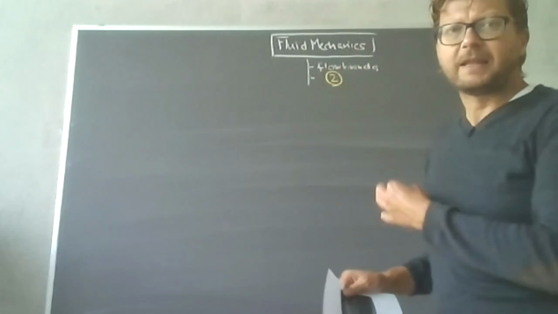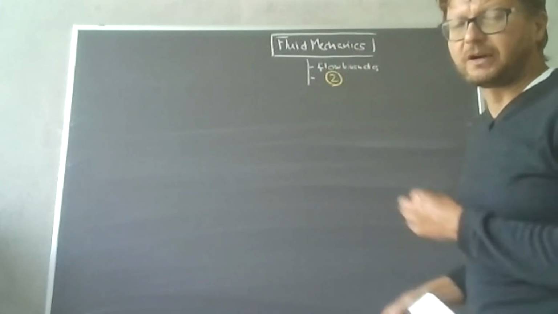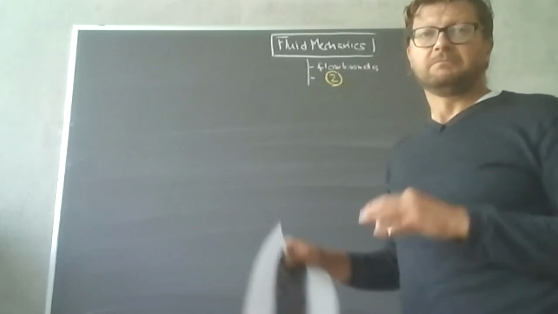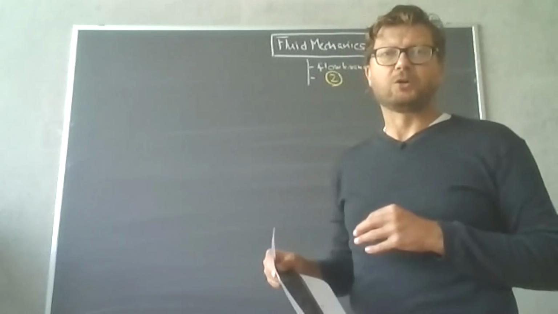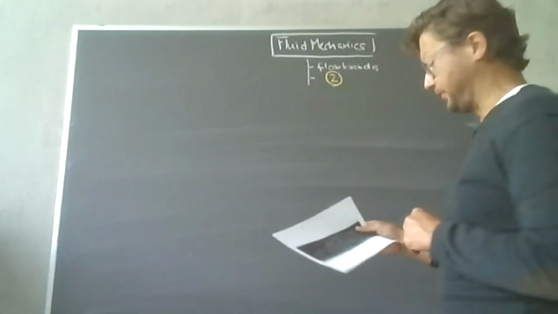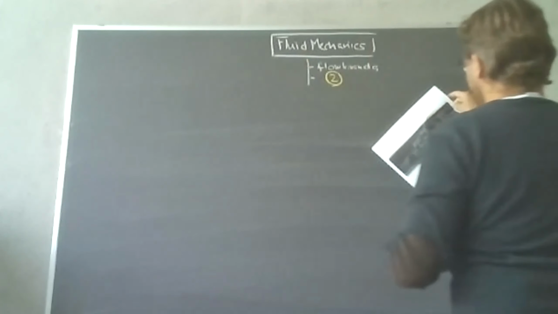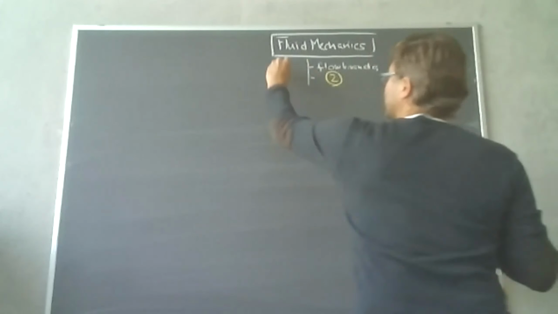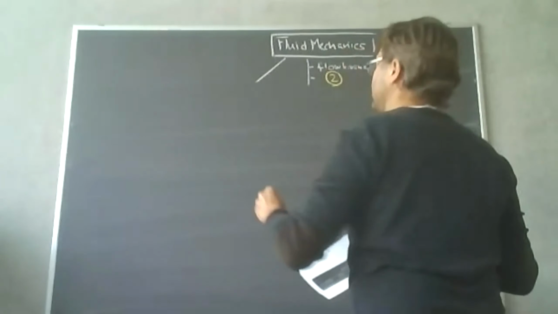Already at the very beginning, I told you that we're going to deal with 80 to 90% of this whole course with incompressible flows. So the first distinction we're going to make is incompressible versus compressible.